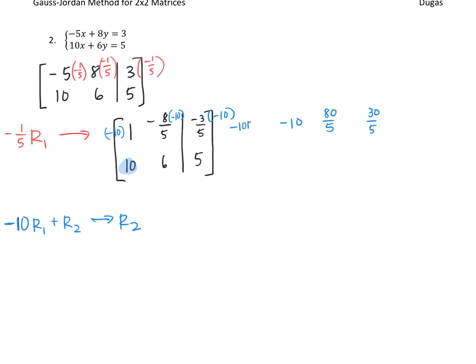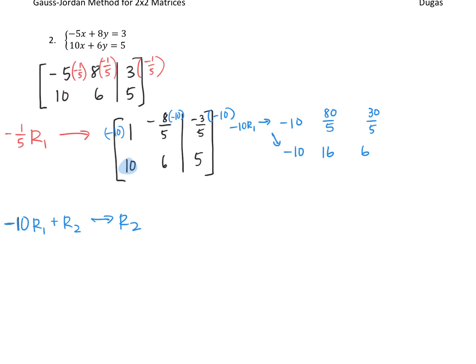I shouldn't say new row 1, because we're not replacing row 1. 80/5, I can actually reduce that, right? It'll be -10, 80/5 reduces to 16, and 30/5 reduces to 6. So that's -10 times row 1.